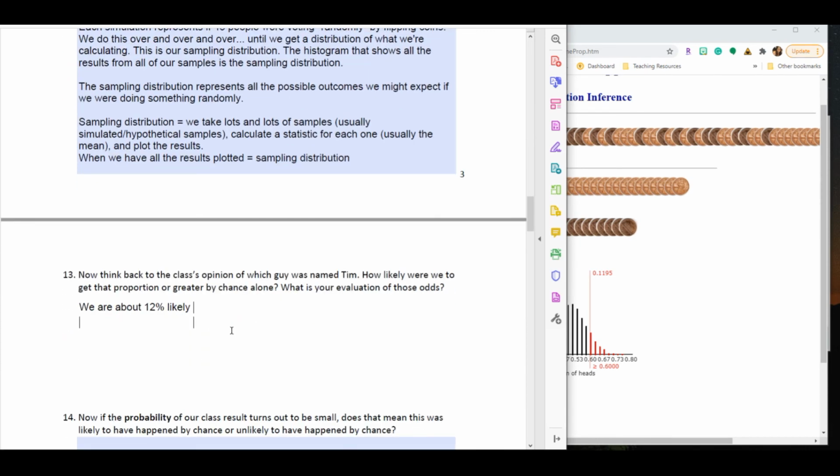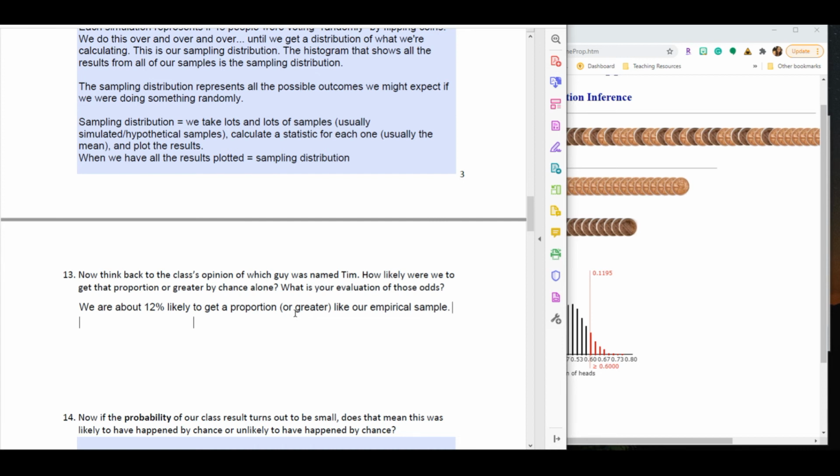So we're about 12% likely to get a proportion or greater, like our empirical sample.